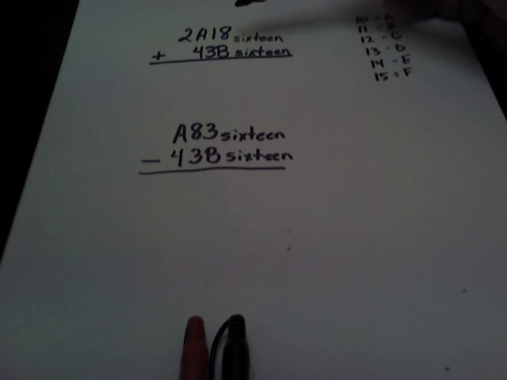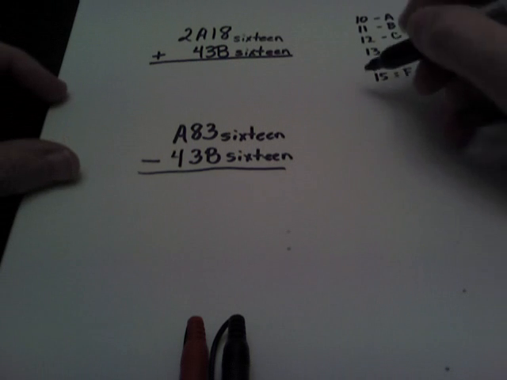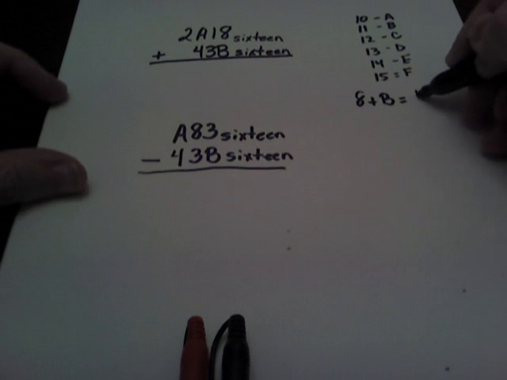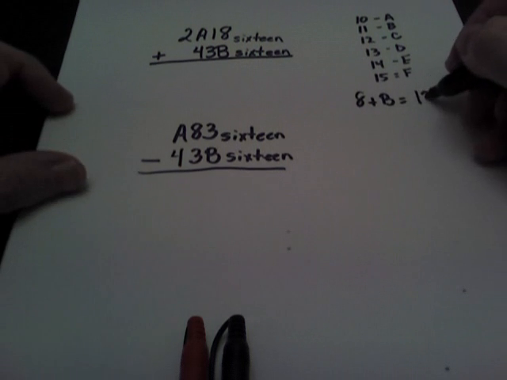However, we know that in base 16 we would not write 19 as 19. Instead, we would write it as one complete group of 16 with 3 remaining. Therefore, 8 plus B would equal one group of 16 with 3 left over.